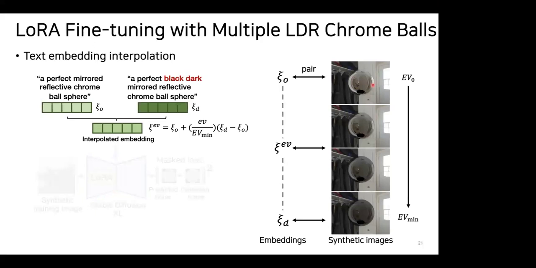So I wonder whether they interpolate the embedding as an input and then they generate the multiple exposures. But I'm not sure whether this input linearity will be consistent with the output domain. So I wonder whether they experimented with the linearity of the output domain.